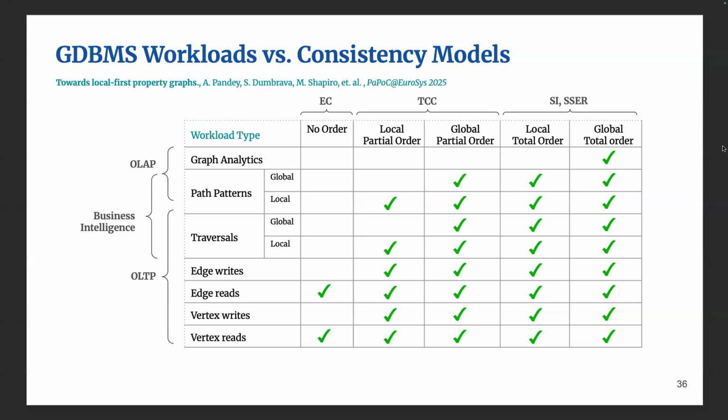So this was a high-level analysis. Now we're working on more formal proofs and impossibility results, and really a more fine-grained analysis of what is possible under these different scenarios.